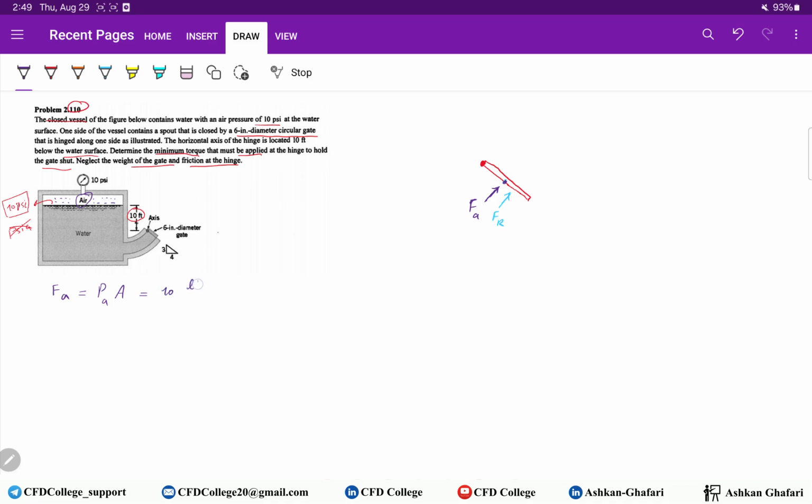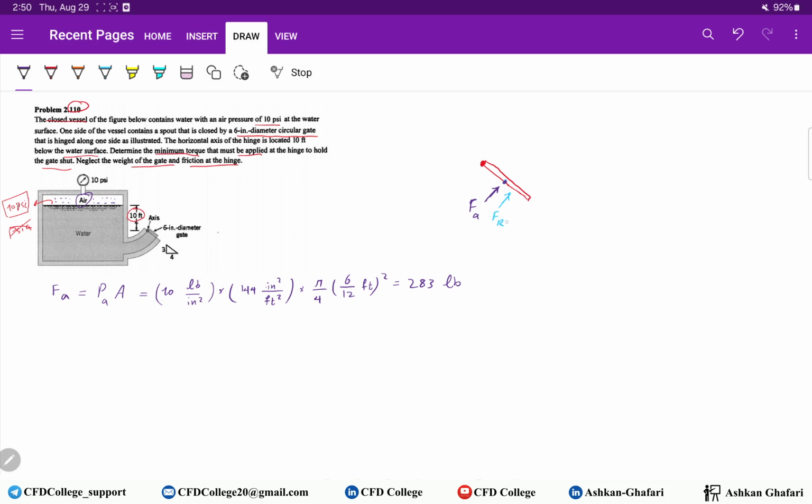So 10 pounds per inch square times 144 inches square over feet square times area of the gate, which is pi over 4 times diameter, which is in inch, so we should divide it by 12 to have feet square. That's 283 pounds.